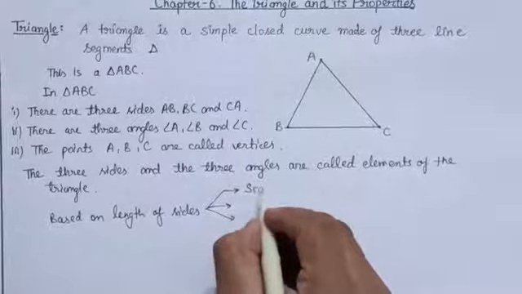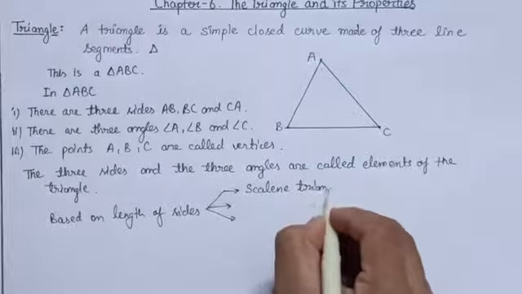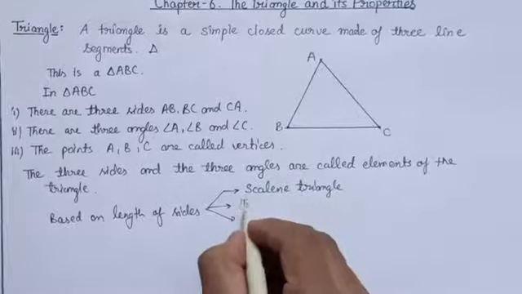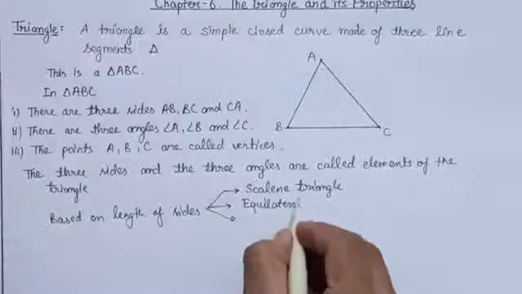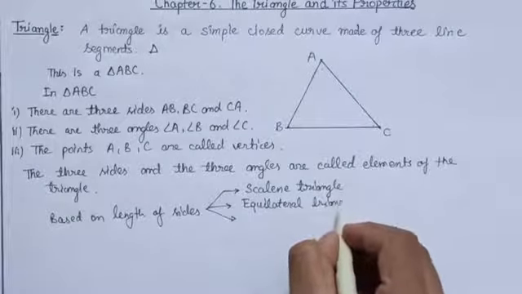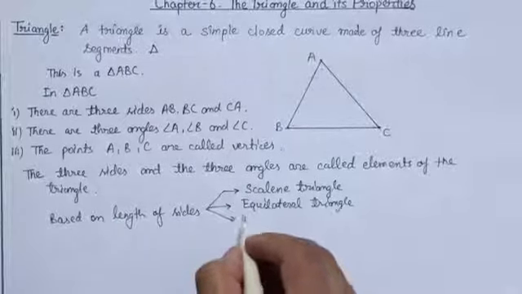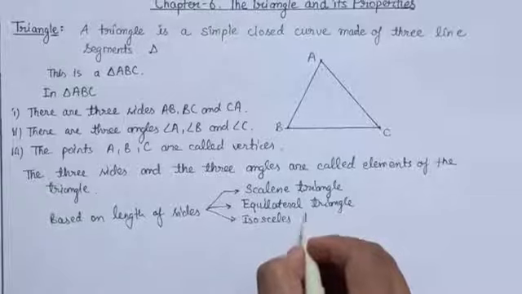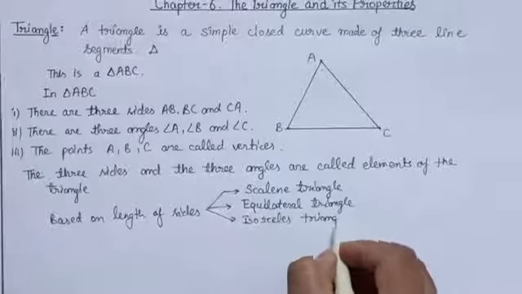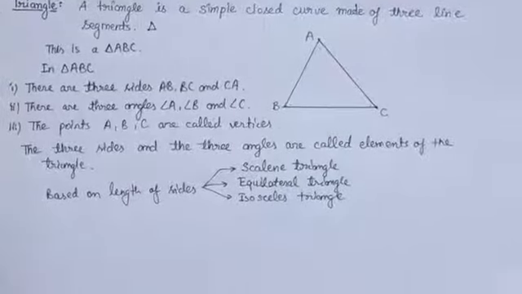First, scalene triangle. Second is equilateral triangle. And the third is isosceles triangle. These are the types of triangle based on the length of the sides.